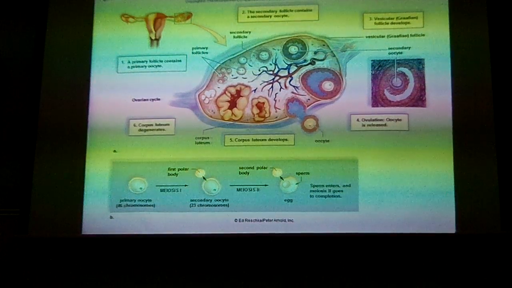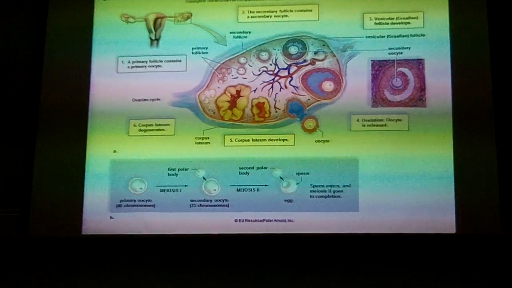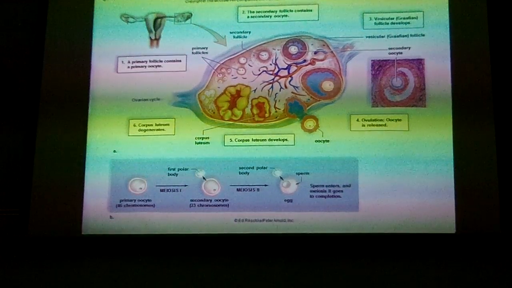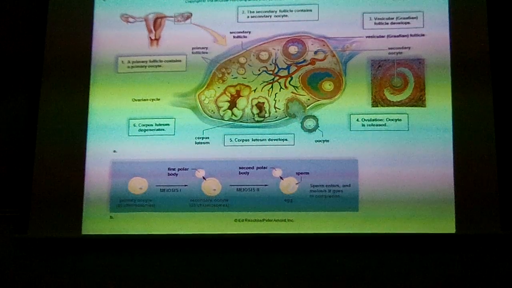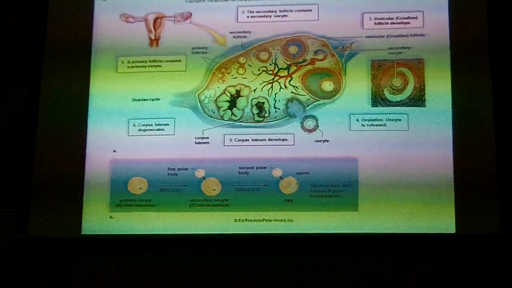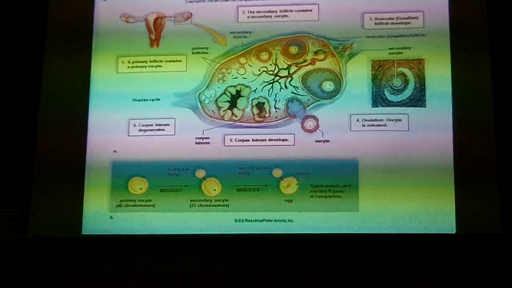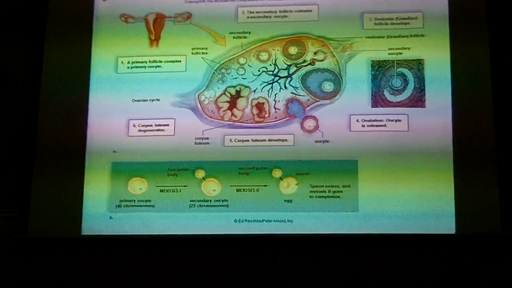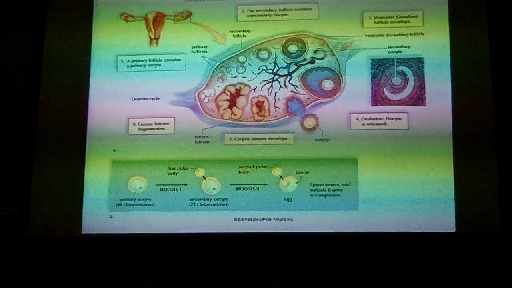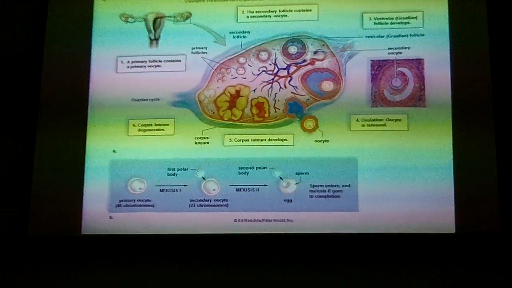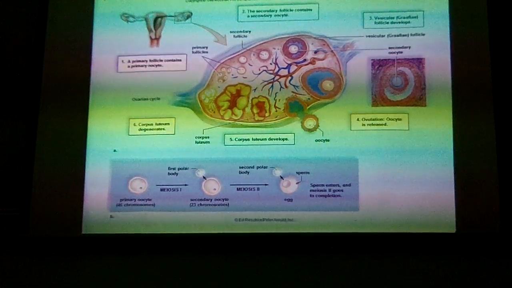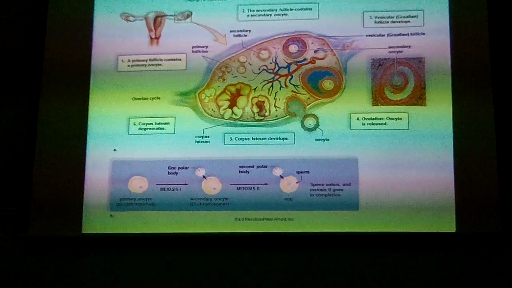And LH tells the follicle to release the egg. So the follicle releases the egg, boop, on about day 14 in response to the LH. And we call that ovulation. Have you ever heard that word? You ovulate on about day 14 of your cycle.